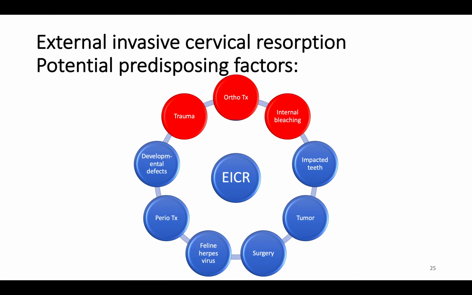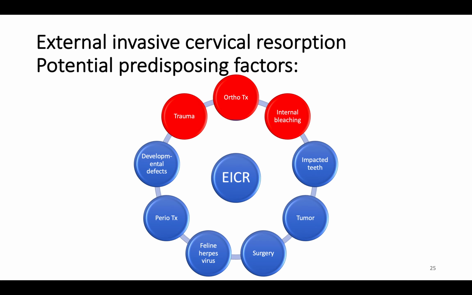Patients who have cats. It's been found that cats have similar resorptive defects on their teeth as a result of a herpes virus, feline herpes virus. Patients who have close contact with cats have been found to be probably more predisposed to invasive cervical resorption.